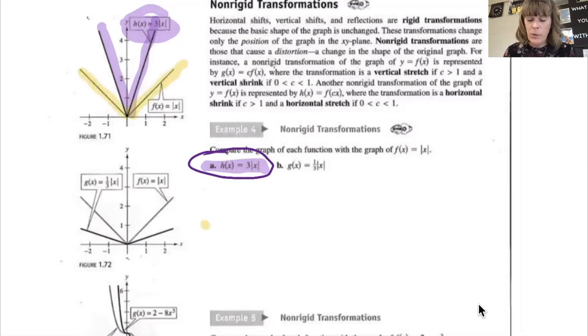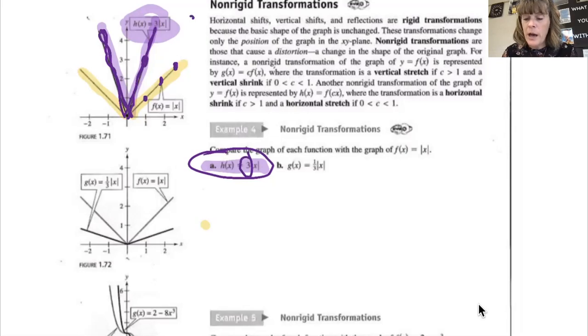When you put a 3 in front of that, it stretches it and makes it skinnier. I like to look at it as the original has an up 1, over 1 slope, and this now has an up 3, over 1 slope. So that's that graph.